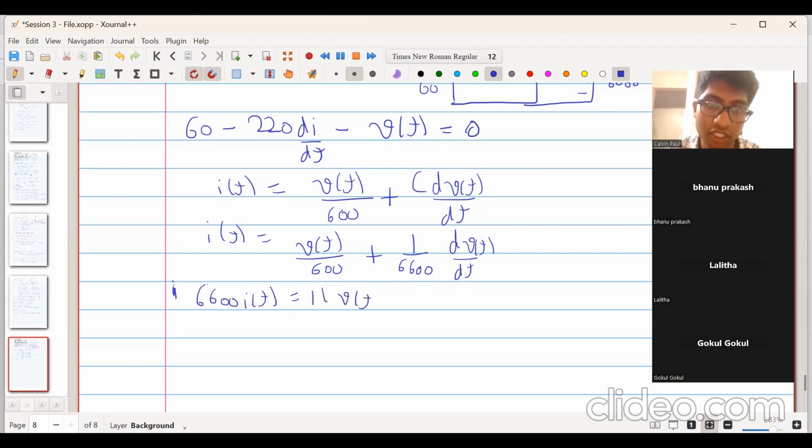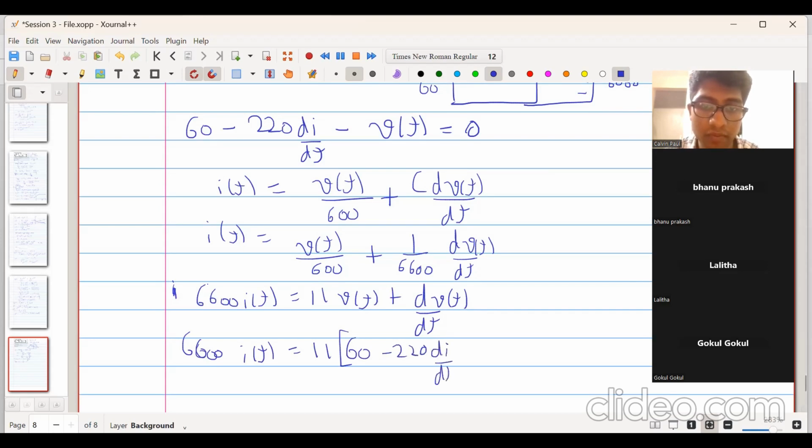That is 11 of V of t plus dV upon dt. Then V of t is equal to 60 minus 220 di by dt. So we write 6600 I of t equal to 11 into 60 minus 220 di upon dt plus d by dt of 60 minus 220 into di upon dt.